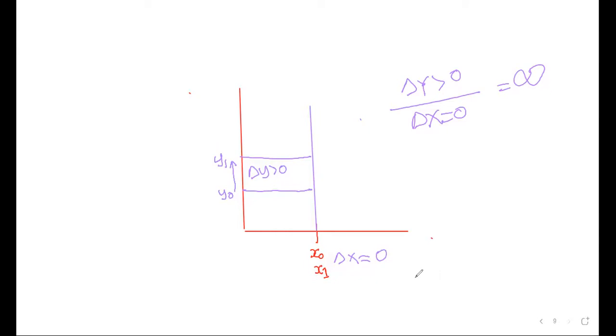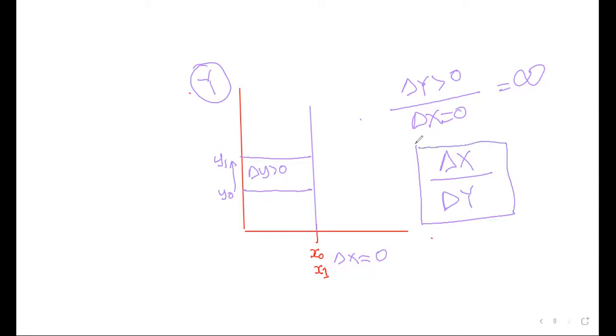Now, if I say that the independent variable is the y-axis, then what will the slope be? Look at the formula first. Do we all agree that the independent axis is now the y-axis, and the dependent axis is now the x-axis?